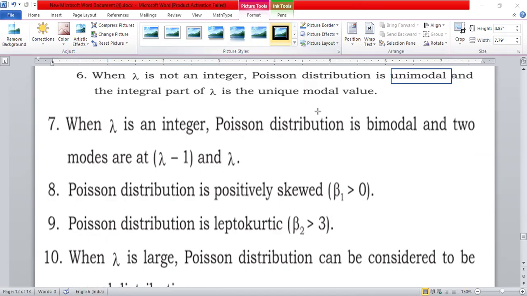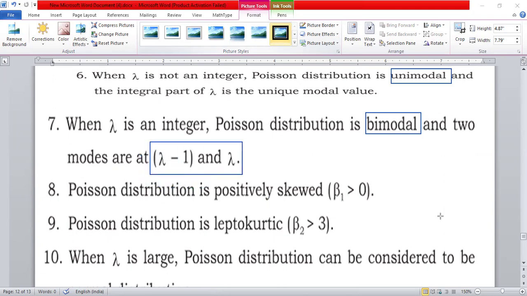When lambda is an integer, the Poisson distribution is bimodal, with modes lambda minus 1 and lambda.